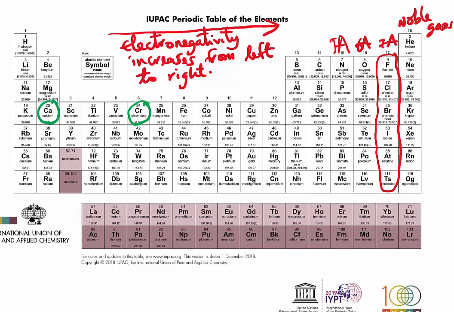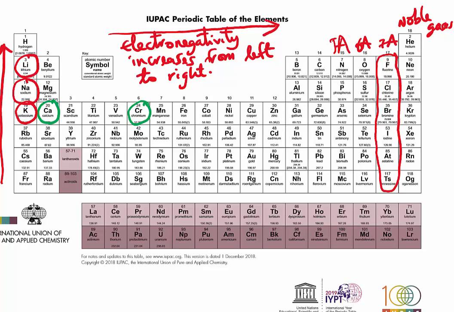Electronegativity will increase up a group. That is another way of saying that lithium is more electronegative than sodium. Sodium is more electronegative than potassium, and so on.